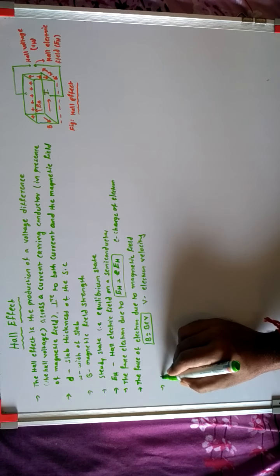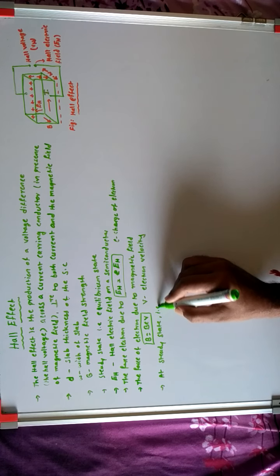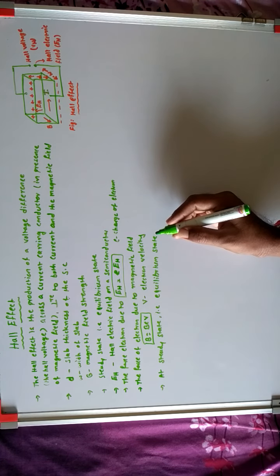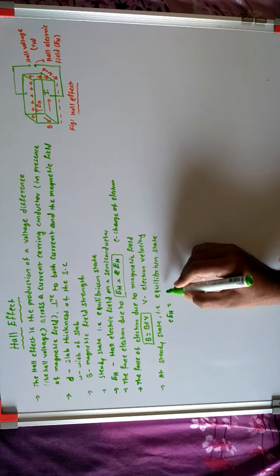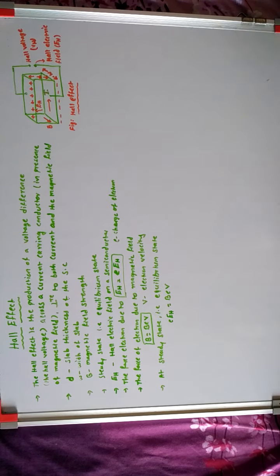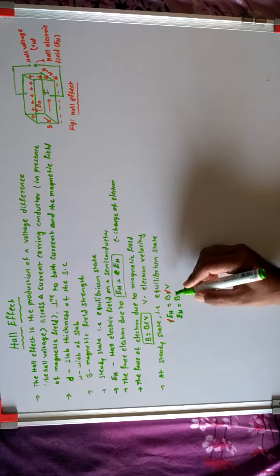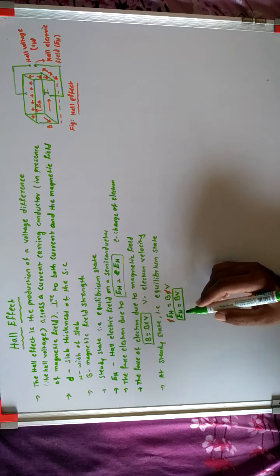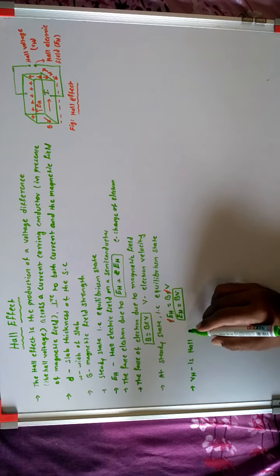Next, at steady state, that means the equilibrium state, the force on the free electron due to the electric field EH is equal to the magnetic force on the electron, BeV. Here e cancels, so EH equals BV.